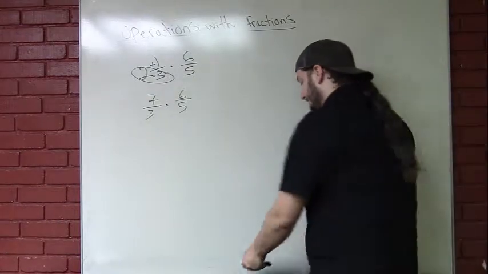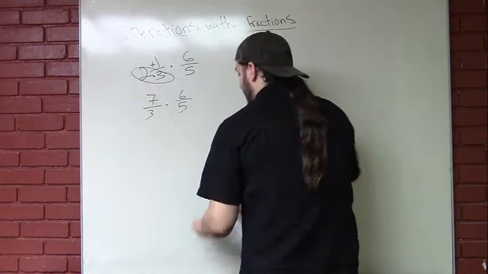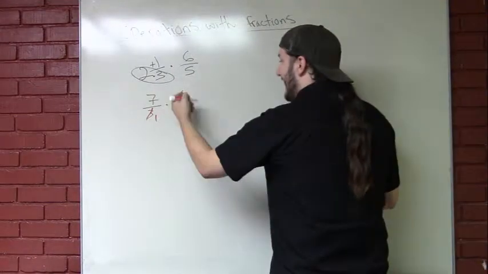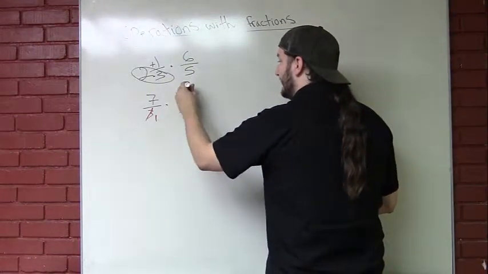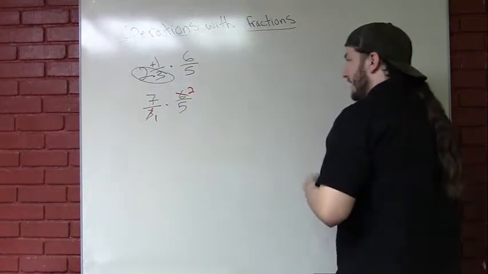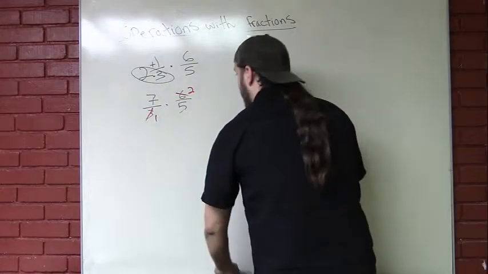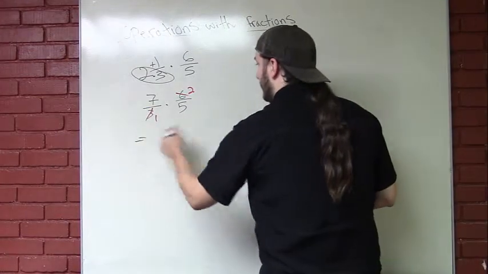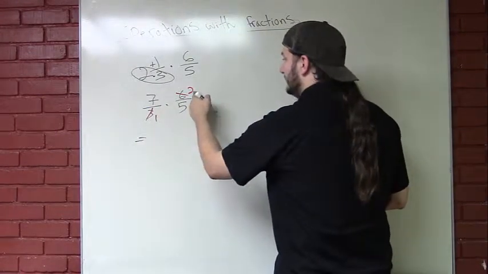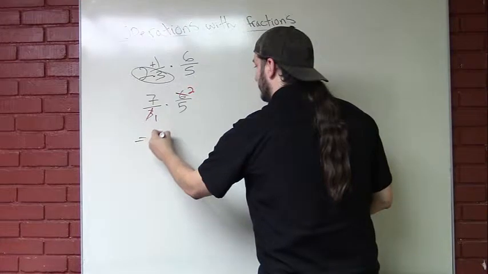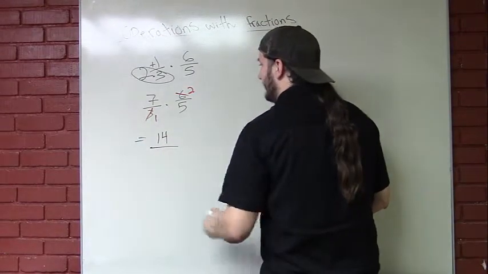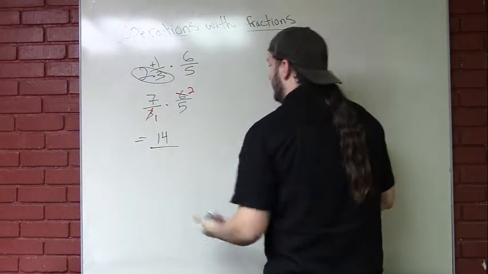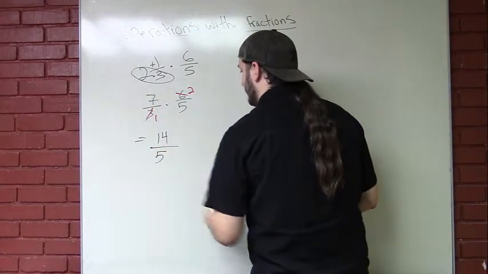Well, a 3 can go into 3 one time, and a 3 can go into 6 2 times. So now the numbers are a little bit smaller to work with, so a little bit easier to multiply. So 7 times 2 is 14, and you divide that guy by 1 times 5, which is 5.